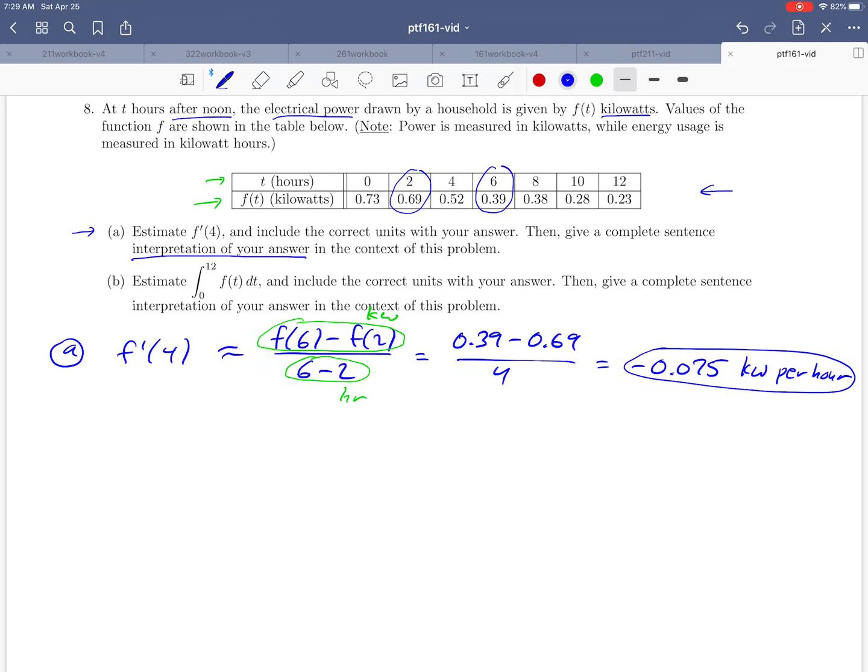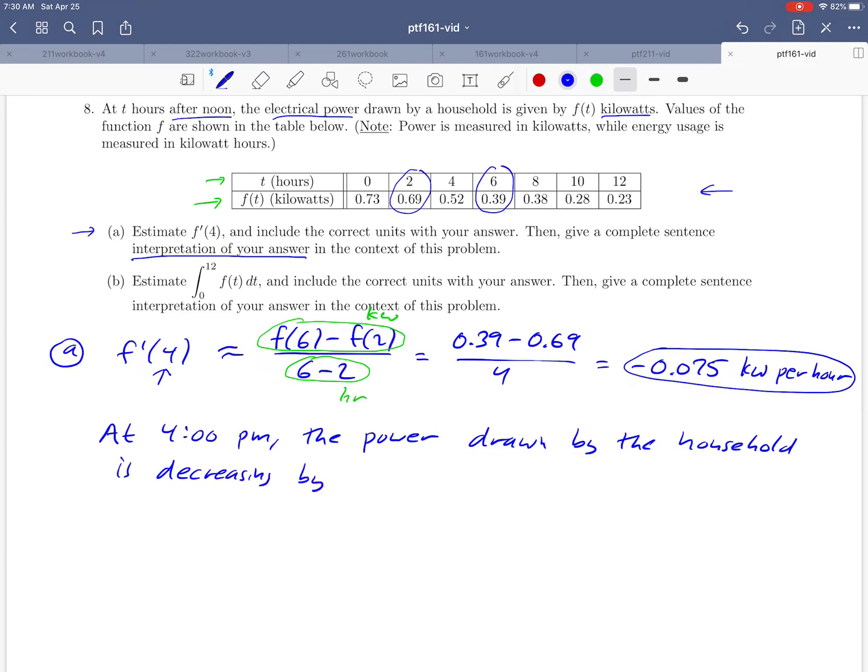So here comes our interpretation. We'll start with the fact that t is equal to 4, so that's giving us a time of 4 o'clock p.m. And we just figured out by looking at our units that the power drawn is changing, and we can see from that negative value that it's decreasing, is decreasing by about 0.075 kilowatts per hour.